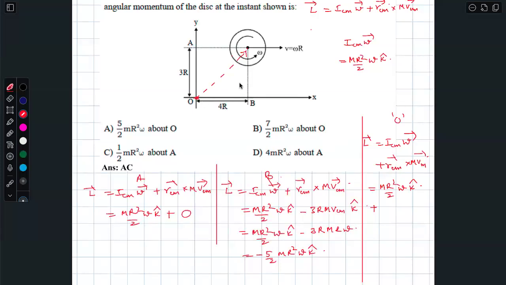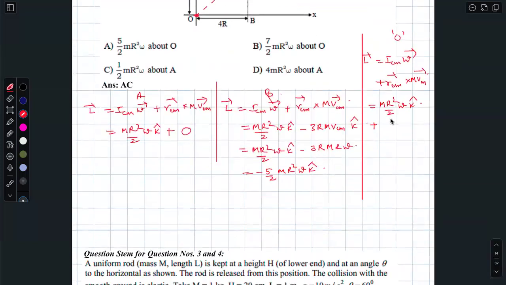Both are fixed actually. About O or about B, R bar cross MVCM bar is the same. Yes or no? Right. So therefore, this is again minus 3R MR omega K cap. So finally, you will get this also as minus 5 by 2 MR square omega K cap.